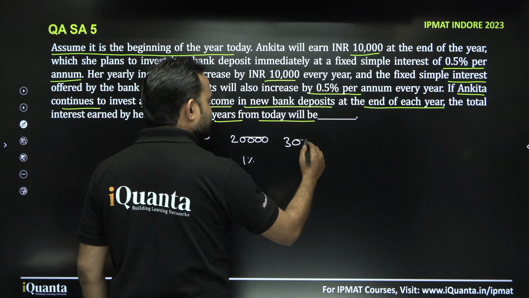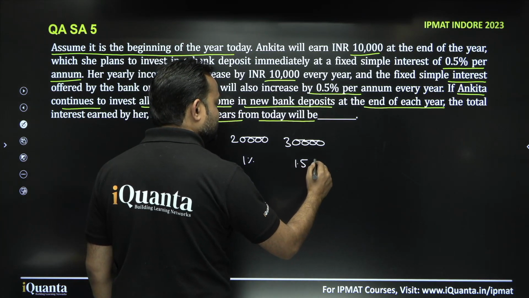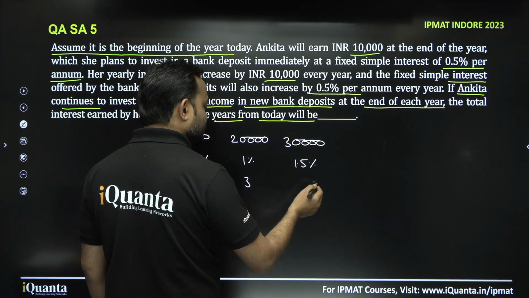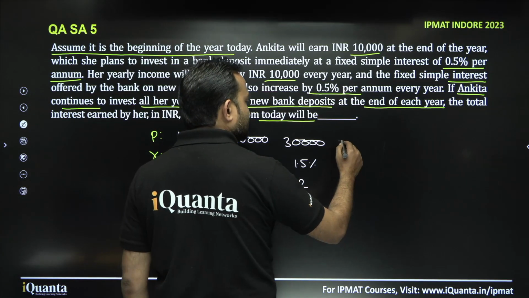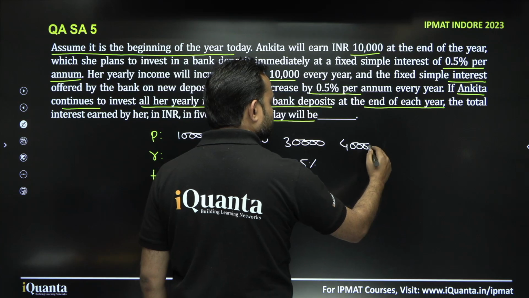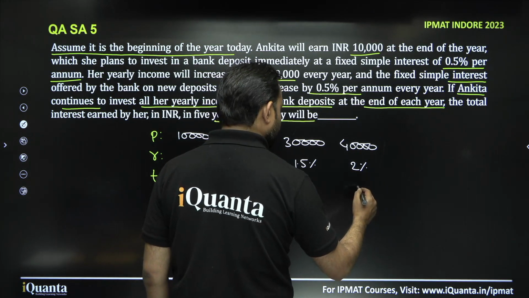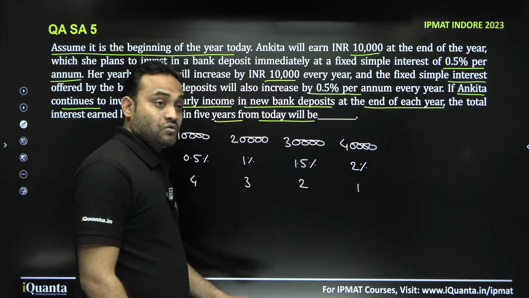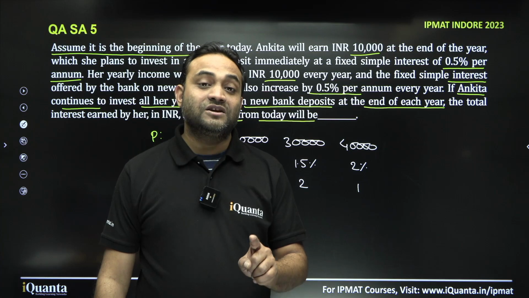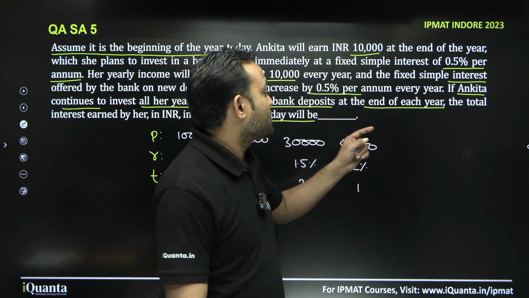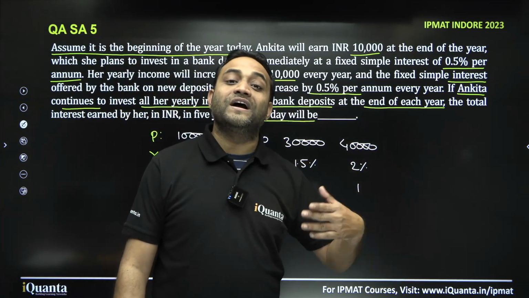Then for the next year, she will get 30,000 and the interest she will get is 1.5% and this will be for 2 years in bank. Then comes 40,000 and the interest will be 2% and this will be there for 1 year. Now, at the end of the fifth year, she will be getting 50,000, but she will not be investing it because we are talking about only 5 years from today. We need to find the interest, right?